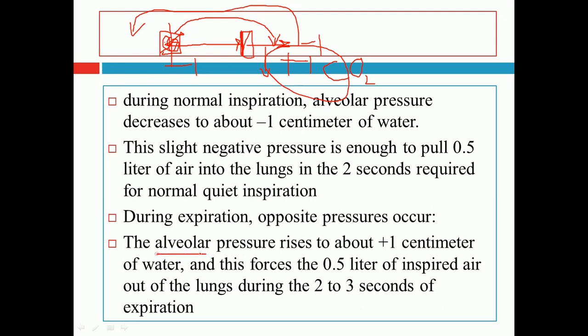So alveolar pressure rises to about +1 centimeter of water during expiration, and this forces the 0.5 liter of inspired air out of the lung during the 2 to 3 seconds of expiration.